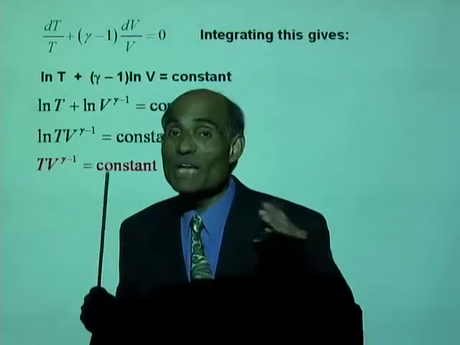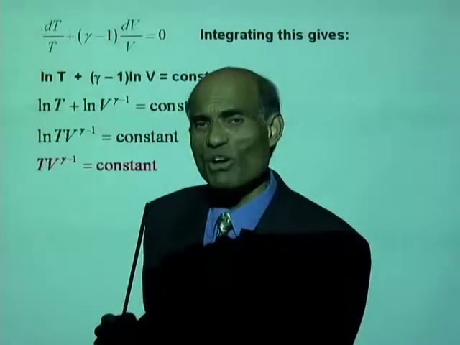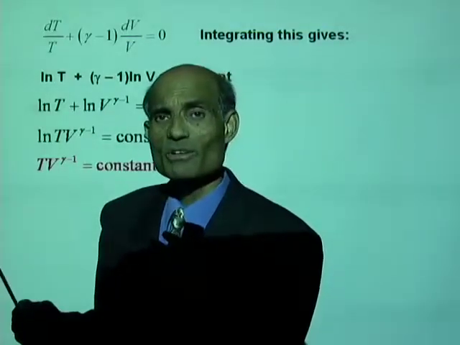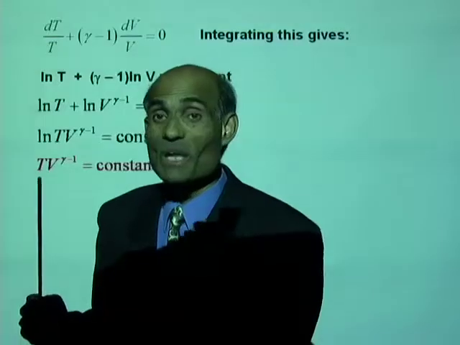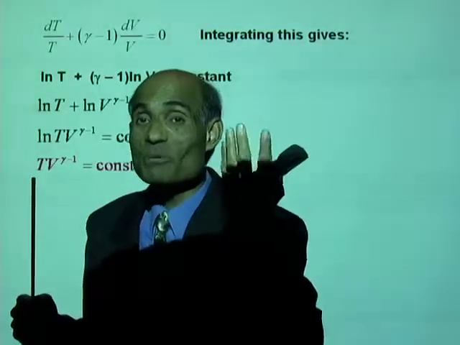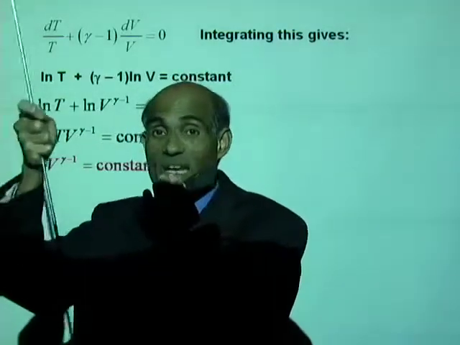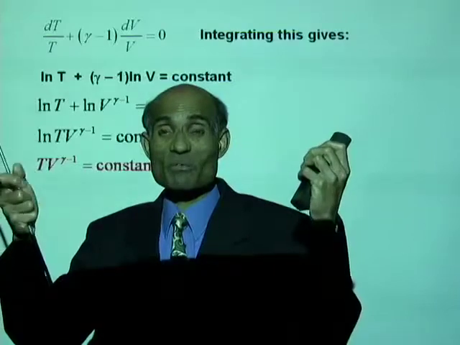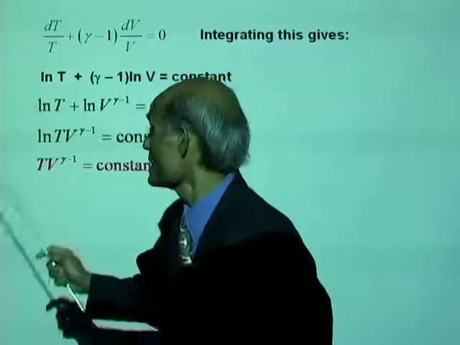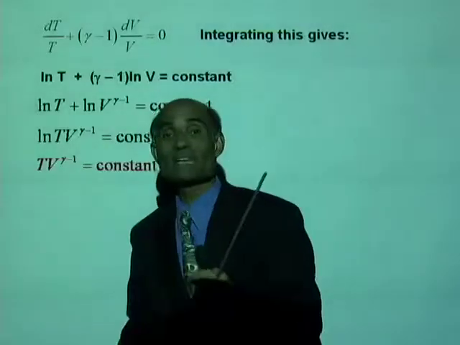When you deal with an adiabatic process, by the way, what is the characteristic of an adiabatic process? The amount of heat added or removed from the system will be 0. The system is isolated. No heat gets added or taken away from the system. For such a process, T V to the power of gamma minus 1 is a constant.